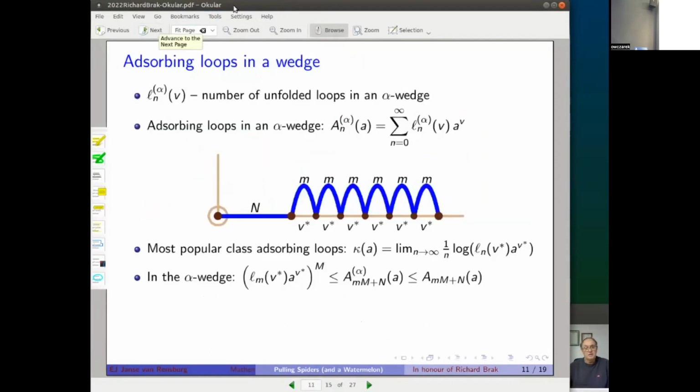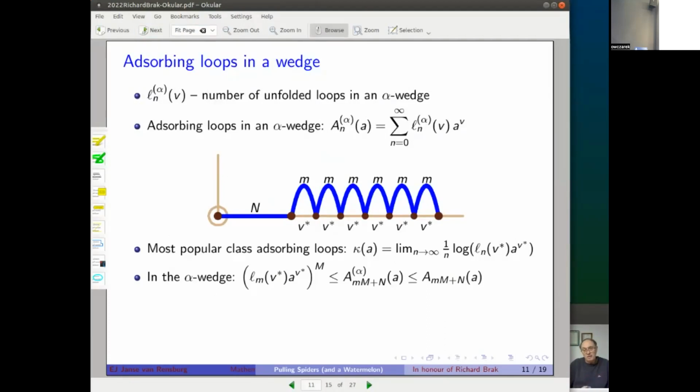Now let us look at how we use this. So what we're going to do to construct a spider is to make small wedges, and inside these wedges we're going to build the legs. And as we build the legs, we're going to put together bridges in the wedge and loops in the wedge, and then these will form one of the legs of the spider, and then we're going to put a number of wedges together around the central node to create the full spider, and in fact to get the lower bound on its free energy.